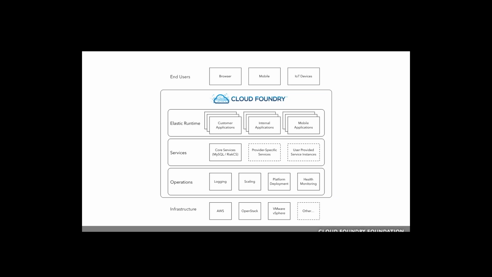Now, going all the way back up to the top, think about the end users. We're seeing that the majority of applications that typically get deployed into Cloud Foundry environments are going to be web-based, or they're going to be mobile backends. That tends to be the majority of use cases. But there's an increasing number of organizations that are using Cloud Foundry environments to support industrial internet applications.